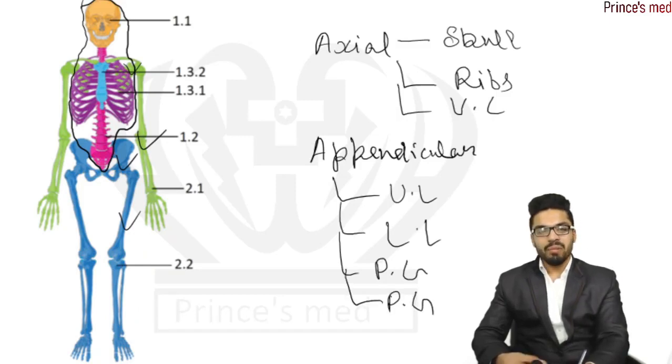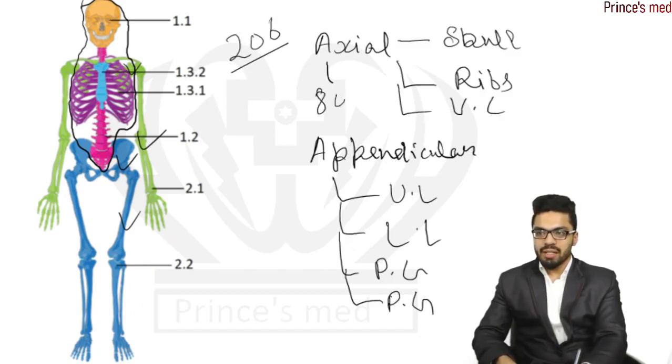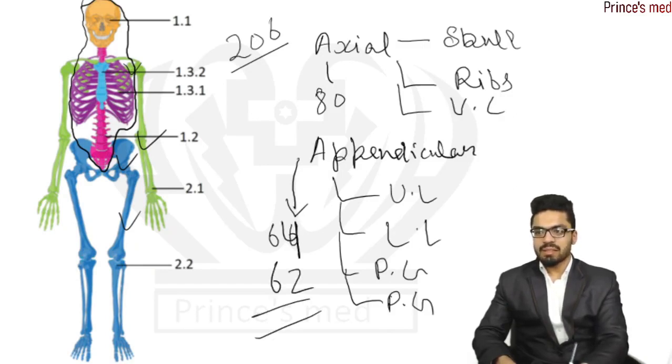So how many bones are present in our adult human body? That is 206, of which the axial skeleton has 80 and the appendicular skeleton has 126 bones.